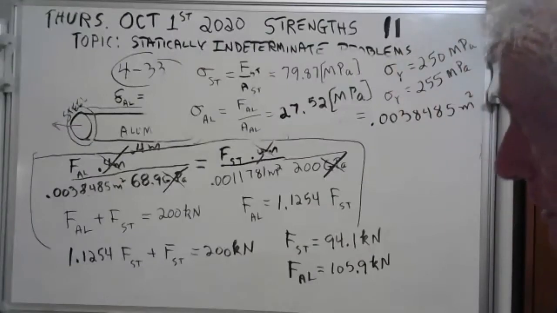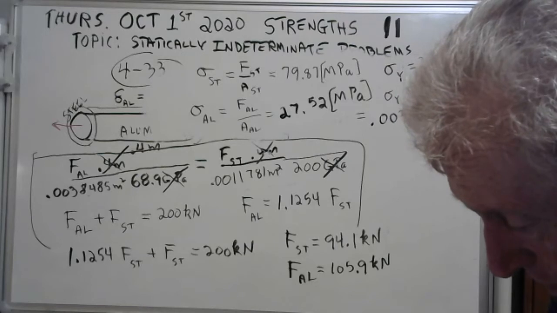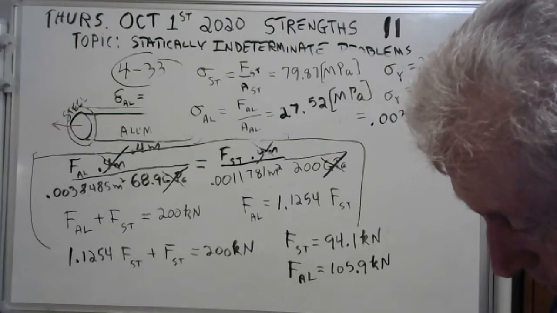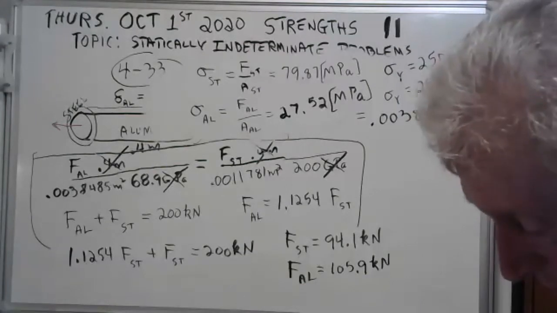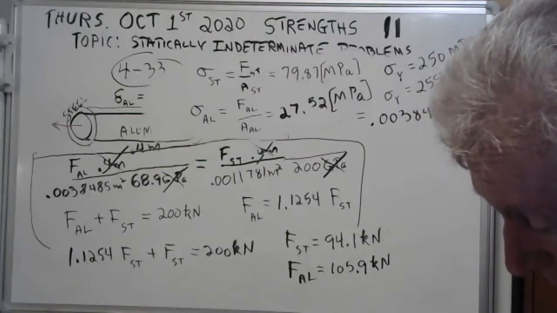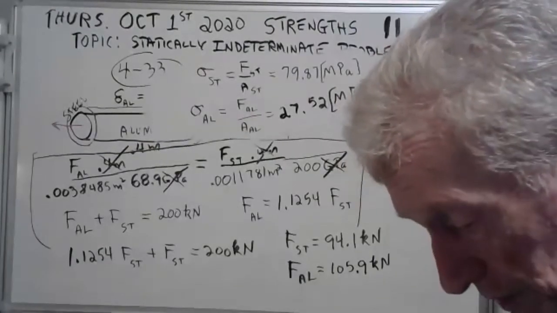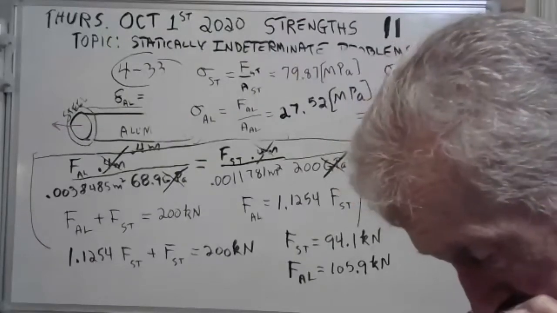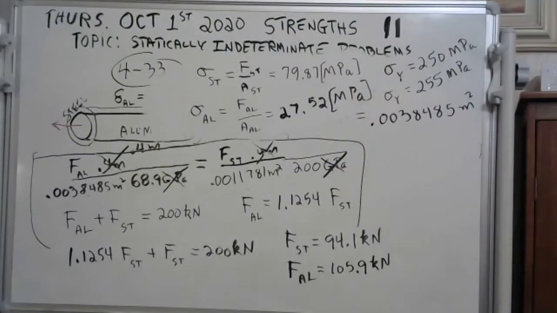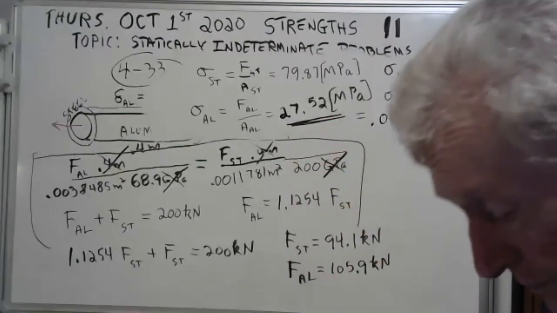Okay, now let's look at the answer. 433, we'll see what they said in the answer book. They're pretty good. They're right 99% of the time. This answer book says the aluminum is 27.5. Hey, that's what we got. Yay, we got the same thing.